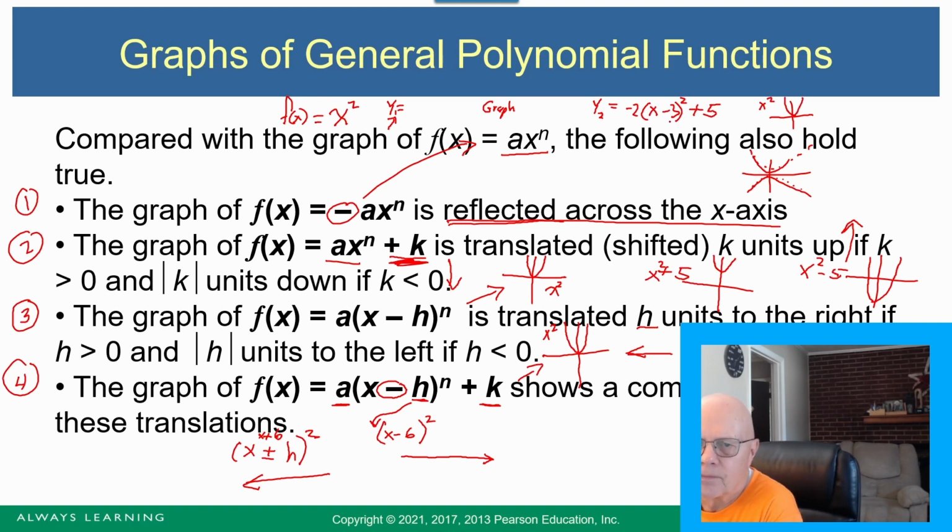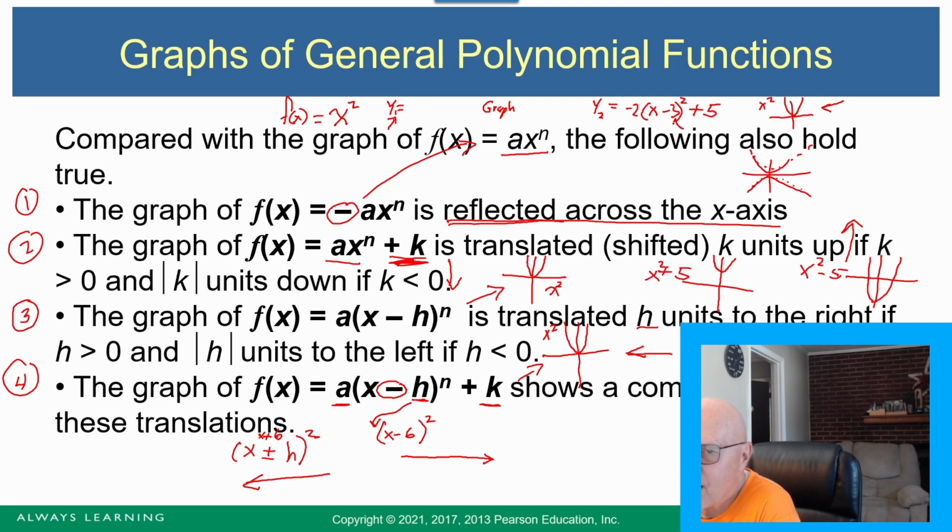But the minus 2 is going to do two things. First of all, the minus means this is going to be inverted. It's going to be turned upside down. The 2 means it's going to be rather skinny, or pulled vertically. The 5 means the basic look like that is going to be moved upward. The whole graph is going to move upward 5 units.